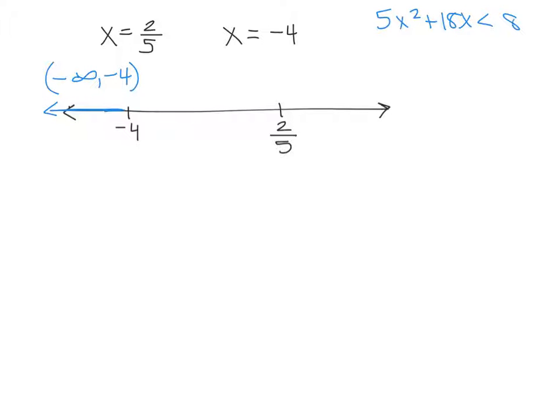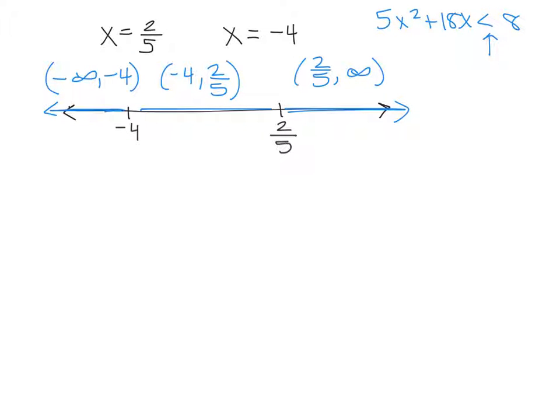Since there wasn't an equal to line underneath that inequality sign, that means that the boundary point is not included, so I put parentheses around it. The next interval is from negative 4 to 2/5. And then the last interval is 2/5 to positive infinity.